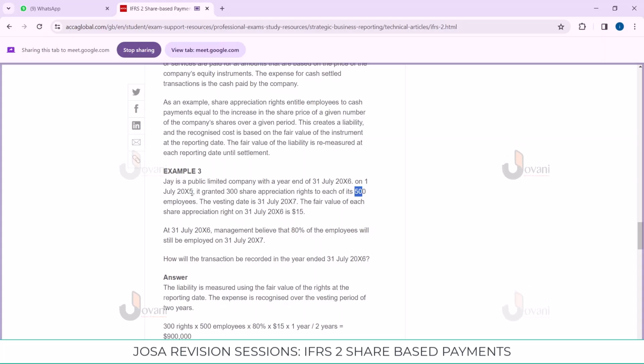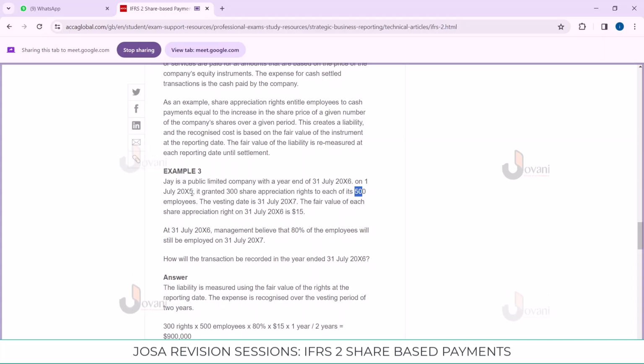300 rights, 500 employees. But how many? Now this one is the number of employees who are remaining: the 500 times the 80%, because the 20% will not fulfill the service condition. Times the fair value of the option at what date? At the reporting date. In your exam, they can give you 2 fair values at different reporting dates.